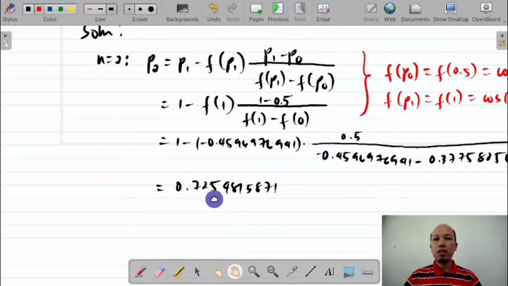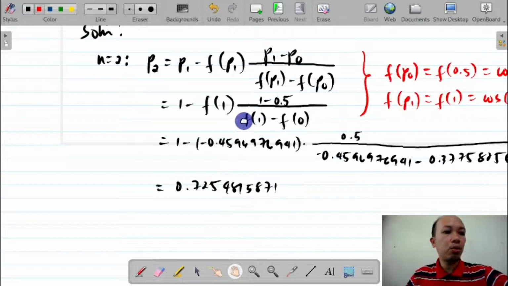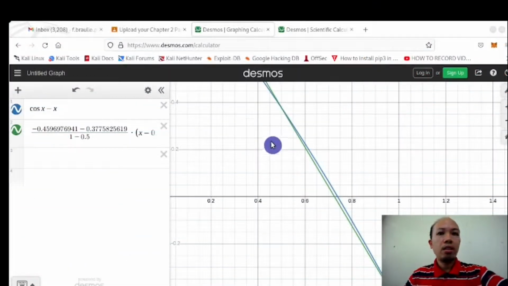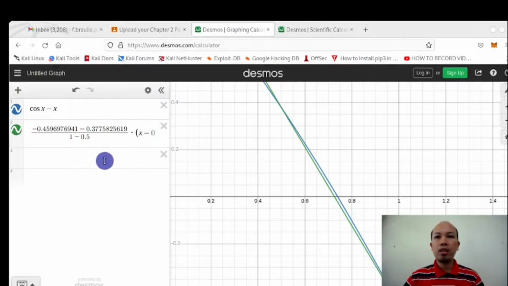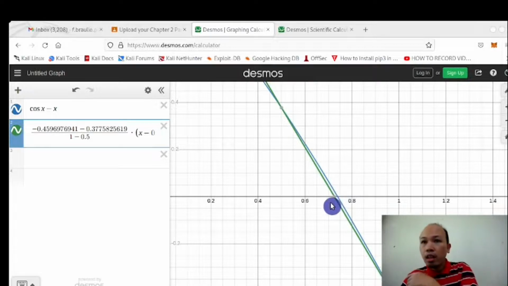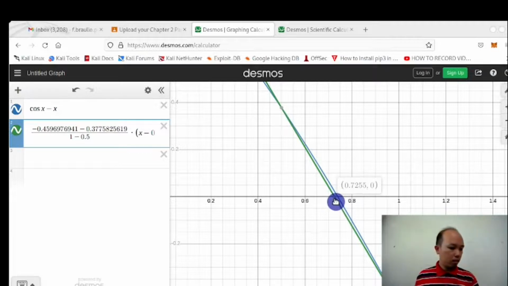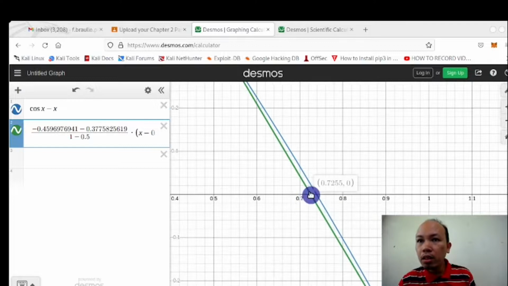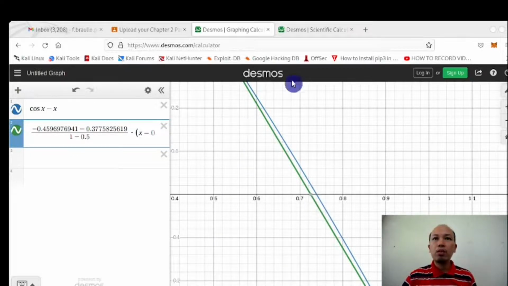So notice that 0.725, if we go to our Desmos graphing calculator, our root is this one here, 7255 something, 73 something. It's almost close, 7255. Okay, I don't know if that's correct, but it's almost close to the root.